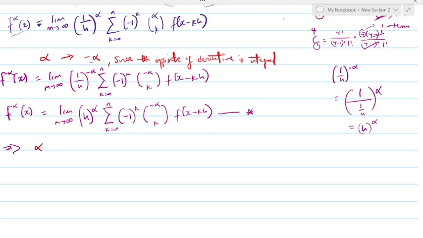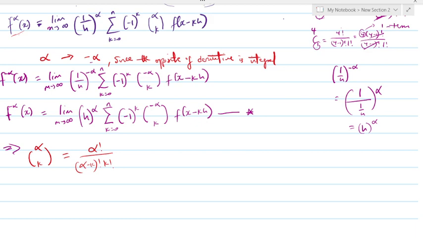If we have alpha combination k, that will give us alpha factorial over alpha minus k factorial and k factorial.